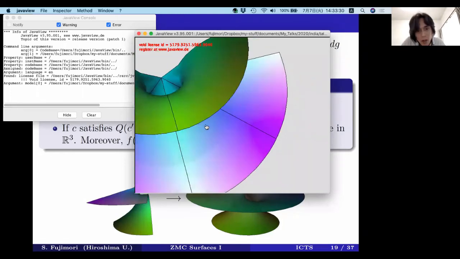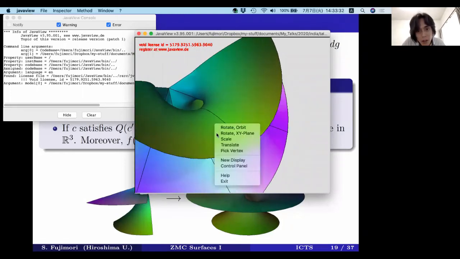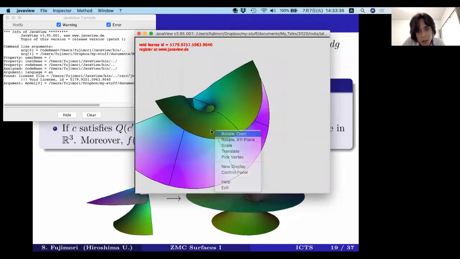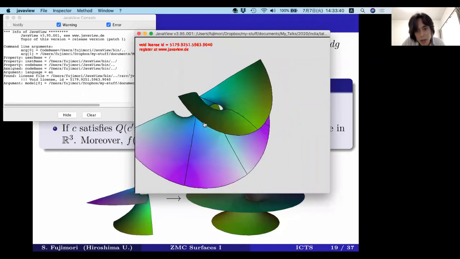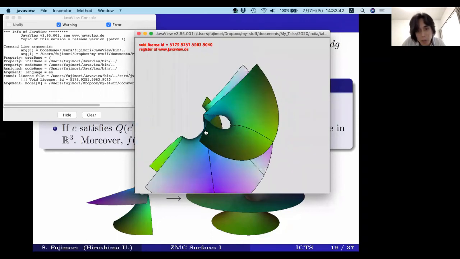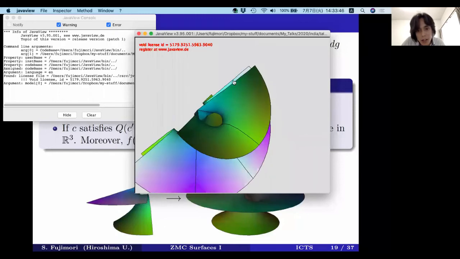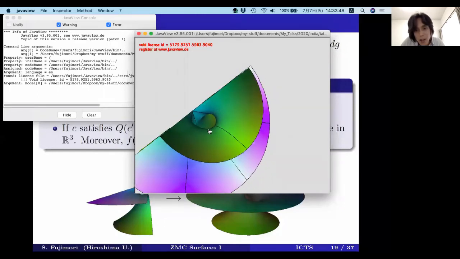Now we have this. And now these boundaries are contained in the same plane, right?